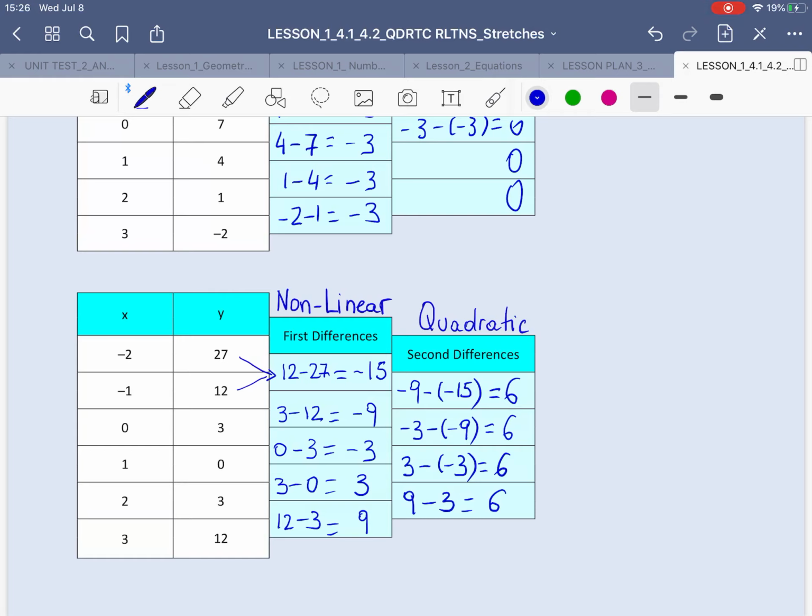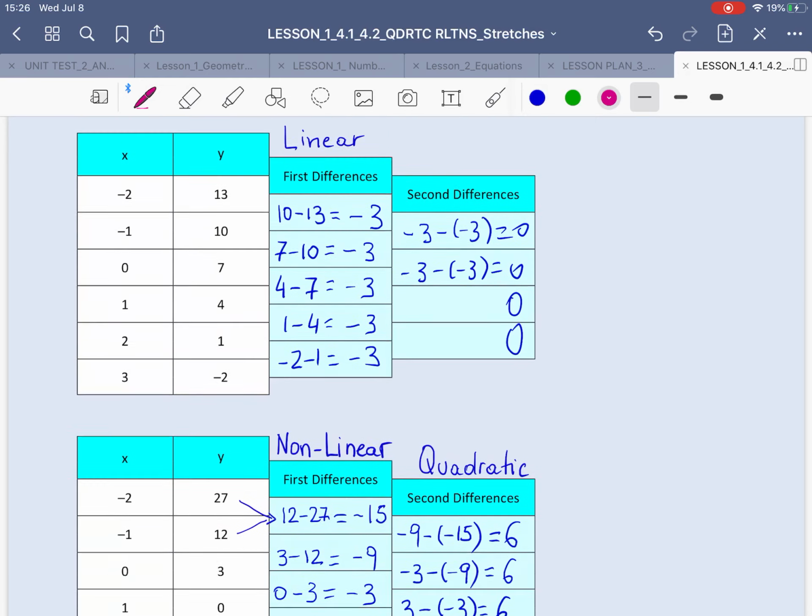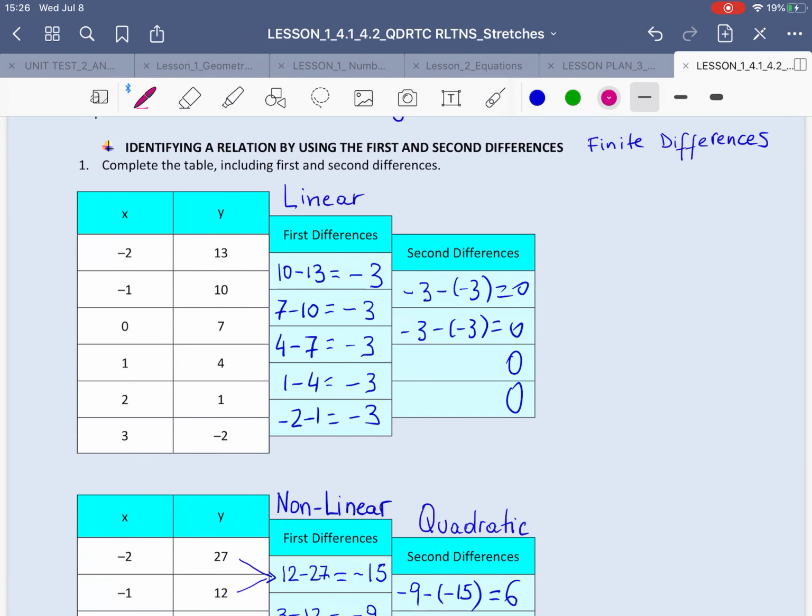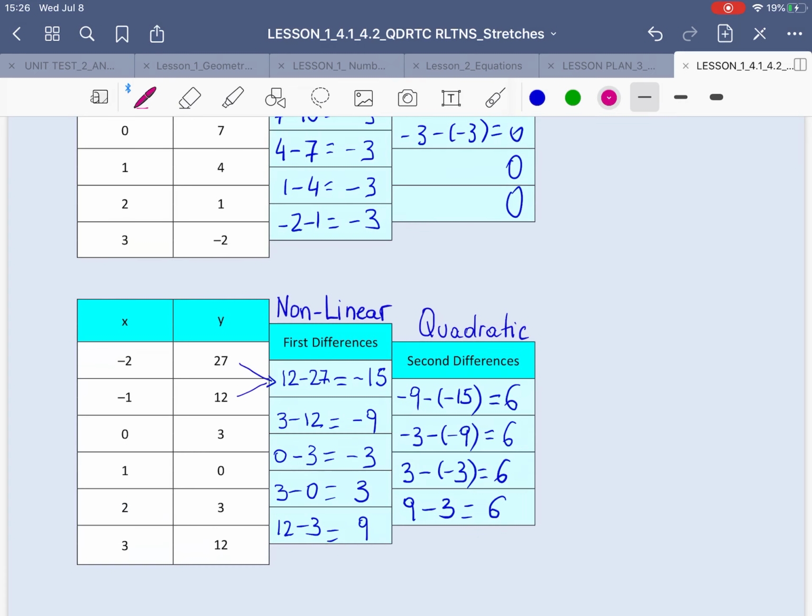And now I'm going to show you something a little bit fancier. Well, not really. When the first differences are constant, we call the relations linear. A linear relation is also known as a first-degree relation, and that's because x is raised to the power of 1.